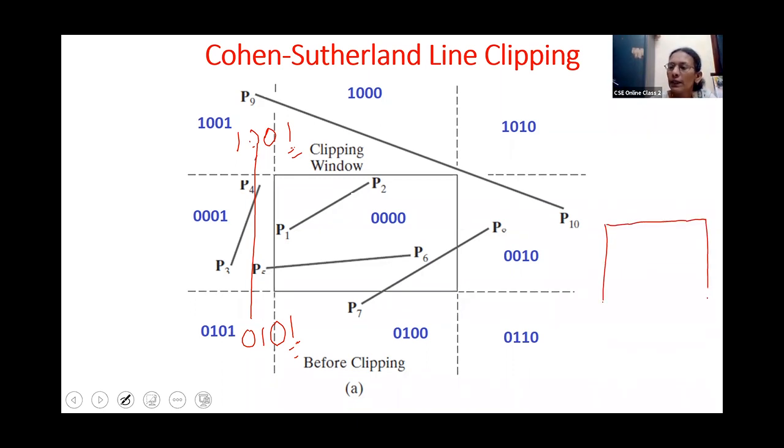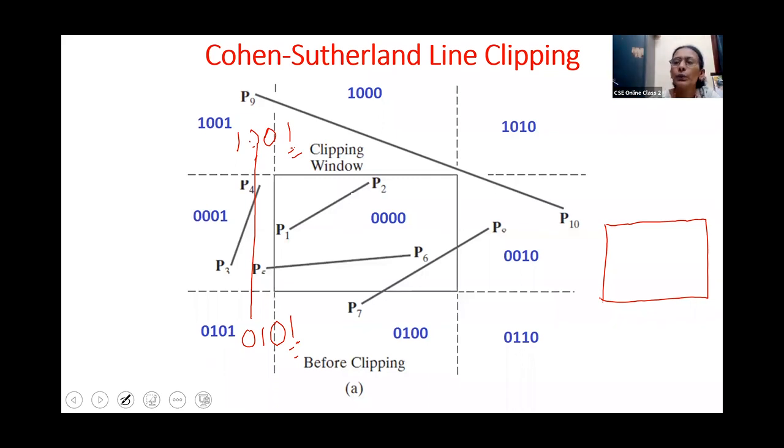That means in the output, we will not be showing that line at all. If the same bit is set for both the endpoints, then that line will not be shown in the output diagram.